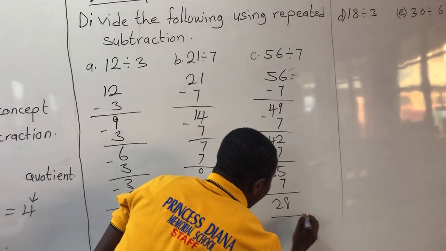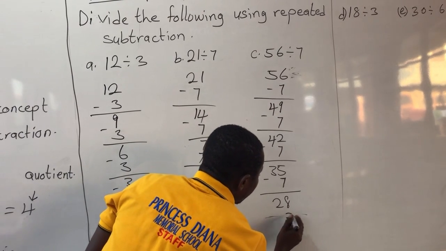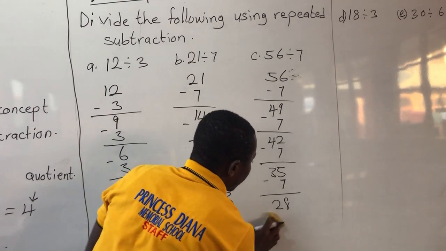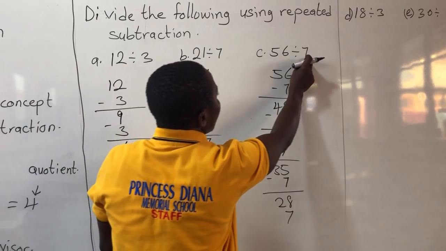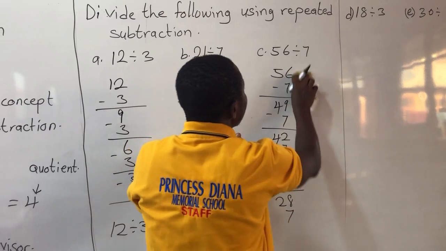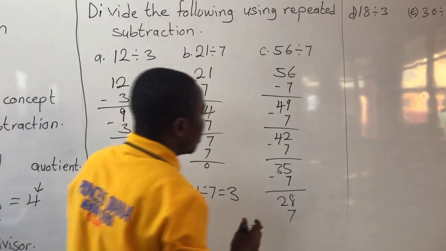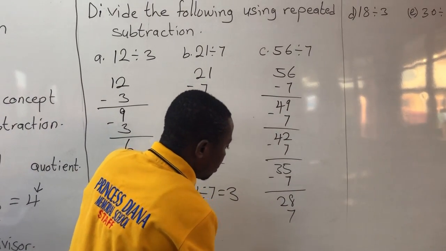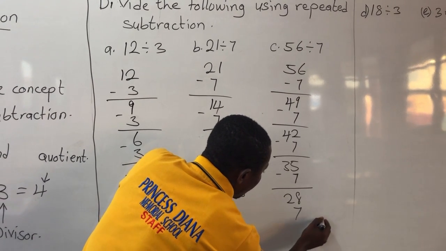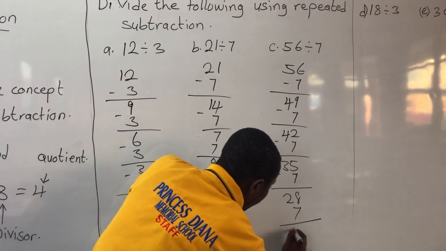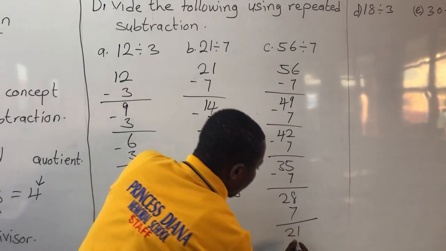Then we are still subtracting 7, because we are dividing the 56 by 7. So we continue to subtract the divisor from the dividend until we get to 0. Okay? So 28 minus 7 will give us 21.